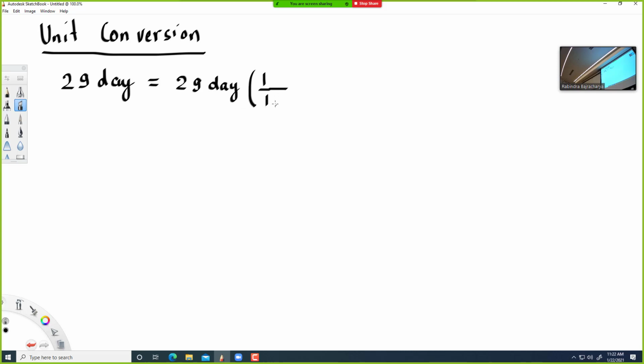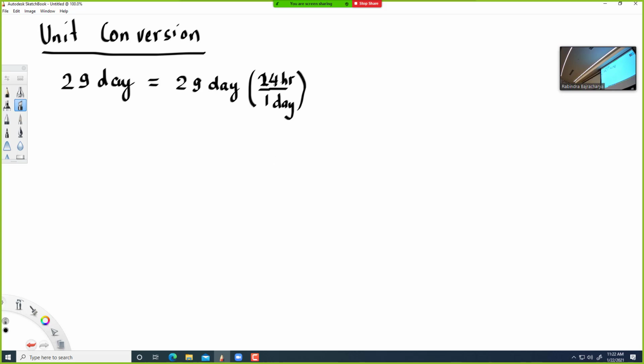On the denominator you put the same unit as the unit that you want to get rid of. You want to get rid of day, so you put day on the bottom here and write the conversion on the top. So 1 day is how many hours? 24 hours, right? So you can put that here, 24 hours.